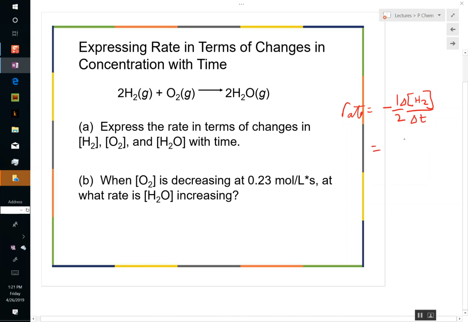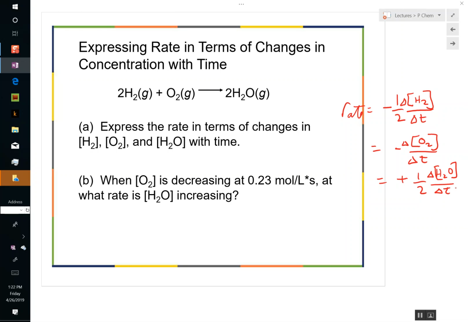It equals negative 1 times the disappearance of oxygen. And with respect to water, it's positive delta concentration of water with respect to time. We'll be moving this over to differentials as we move on.